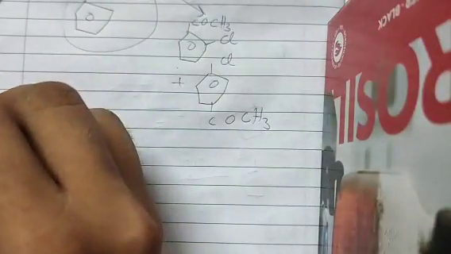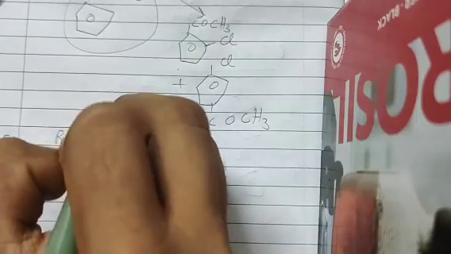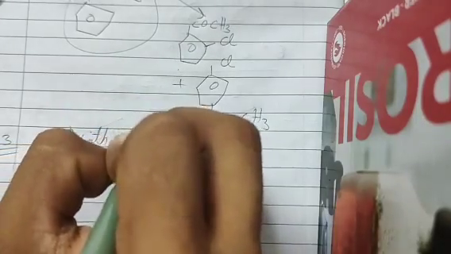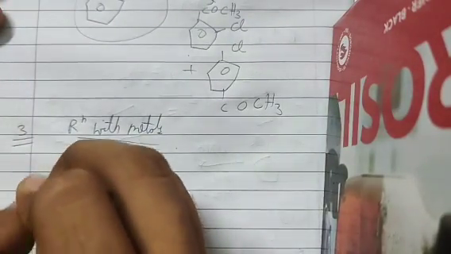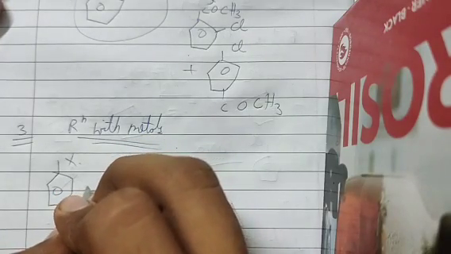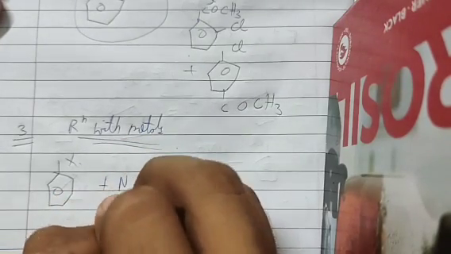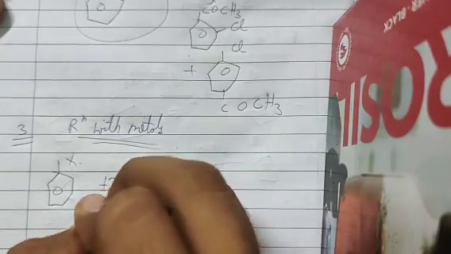Okay. So after this we are going to study the third chemical reaction of haloarenes, which is reaction with metals. First of all, we are going to study the Wurtz-Fittig reaction. I have taken my haloarene, and with this I am taking 2 sodium.